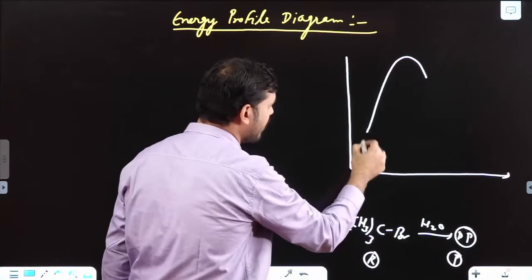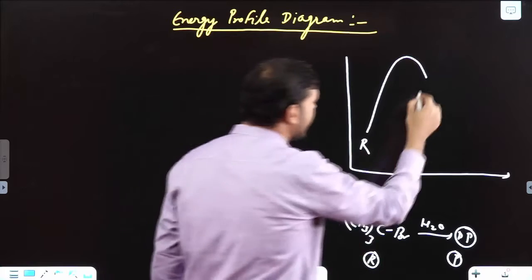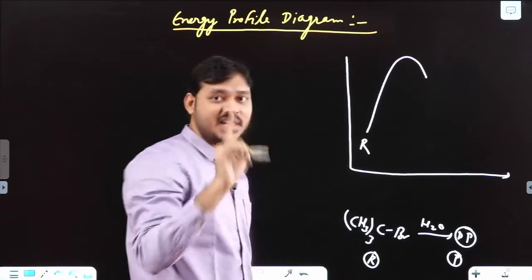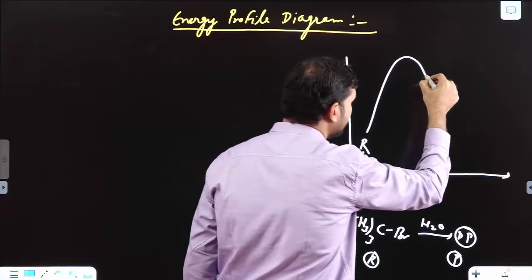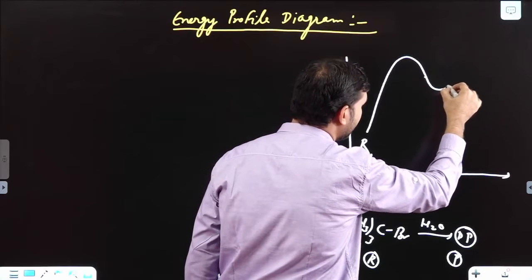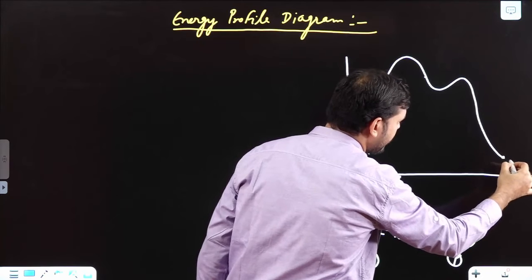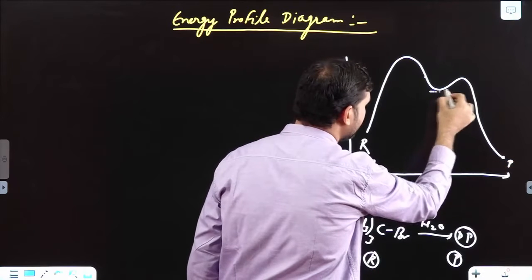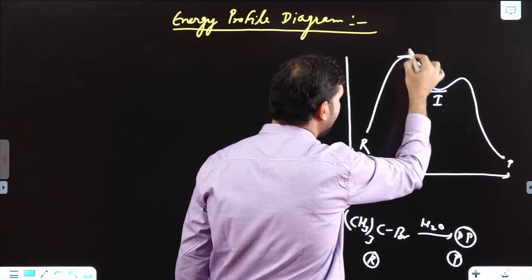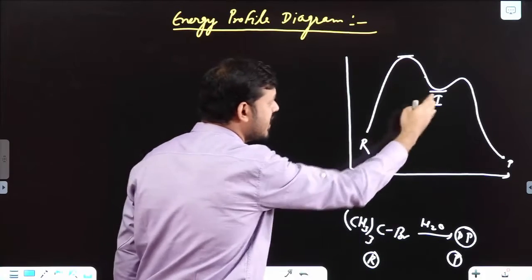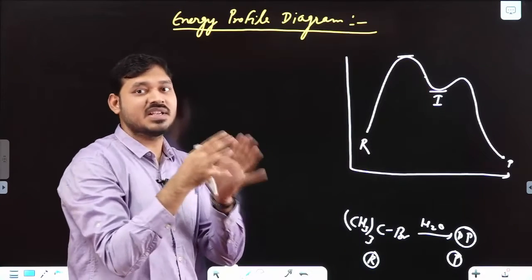What will happen? This is your reactant. Here first of all an intermediate is formed, then finally you form the product here. So this is your intermediate.